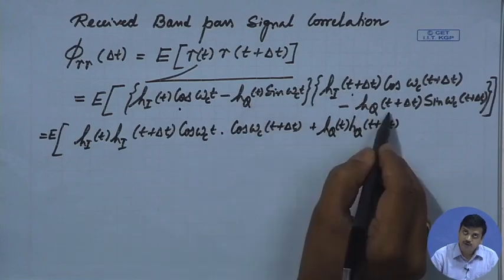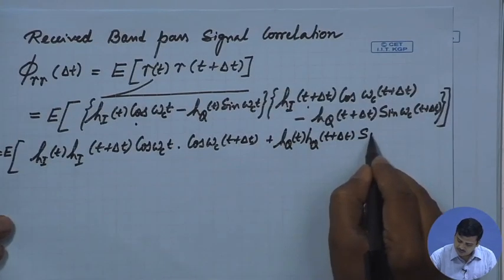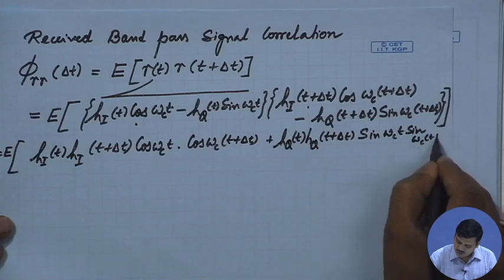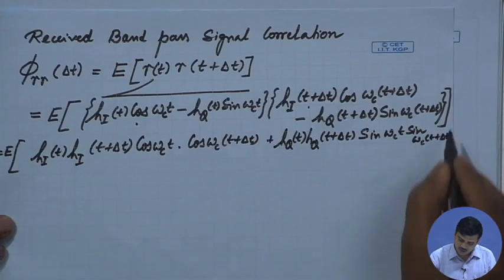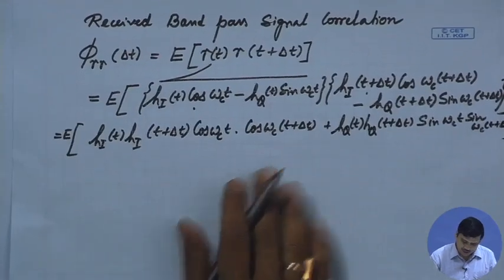So which you can identify, we are basically multiplying these two terms, and we have the sine and sine term, sine omega c t times sine of omega c t plus delta t. Okay. And of course there are the other terms.